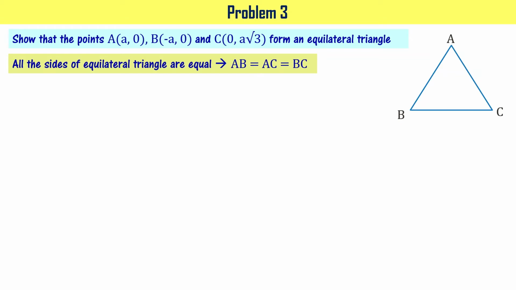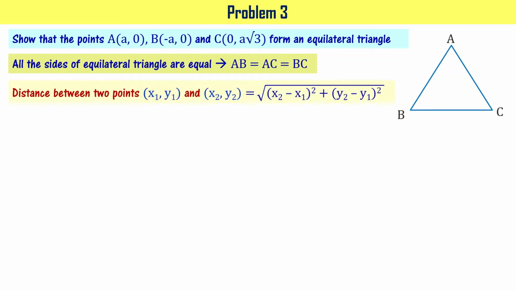It means for this triangle ABC, the length of AB is equal to the length of AC, and that is equal to the length of BC, right? It means the distance between points A and B is equal to the distance between points A and C, that is equal to the distance between points B and C, right?